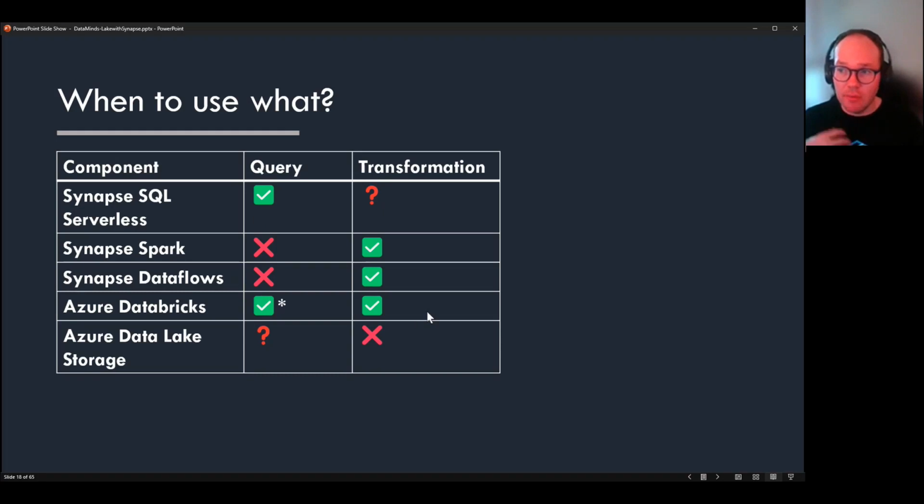Similarly, data flows is a transformation engine, low code, no code GUI, where you've got to have a source and a sink or a destination. For those familiar with SSIS, you'll find many of the principles and concepts the same. You're reading from something, you're writing to something.